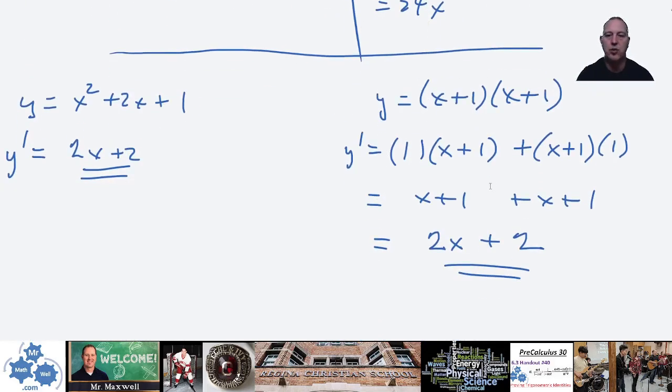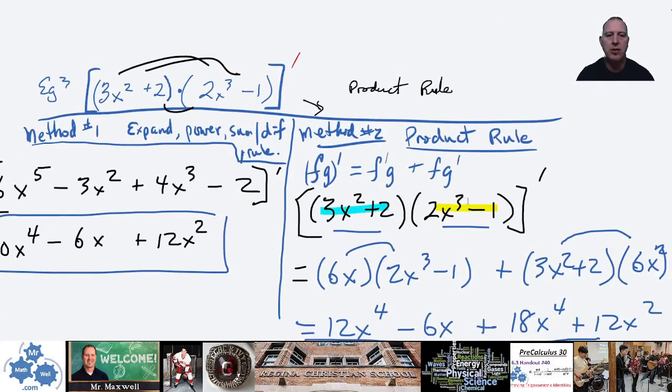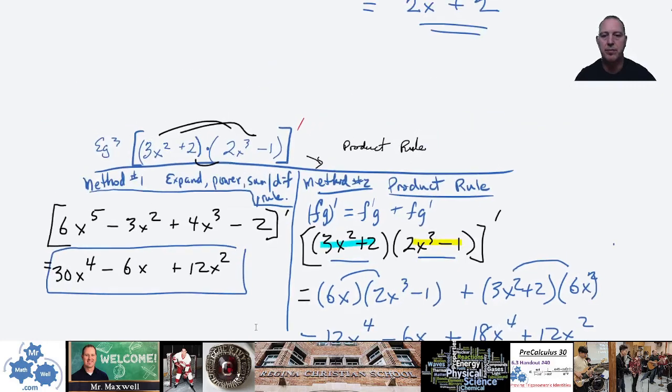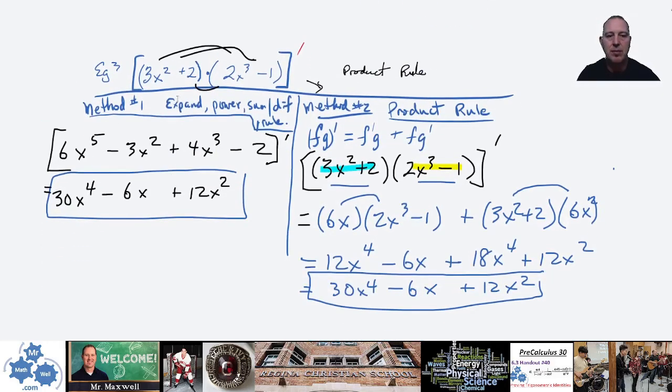Yeah, I showed you this one earlier. Okay. Now, this example is a bit busy here, but I'll show it anyways. In this example, I took two binomial factors, I multiplied them, expanded them first, and simplified to get this polynomial right here, see? Then I did the sum, difference, and power rule to get the derivative.